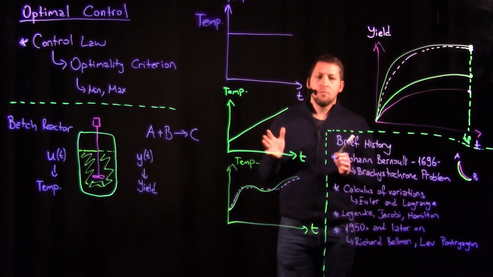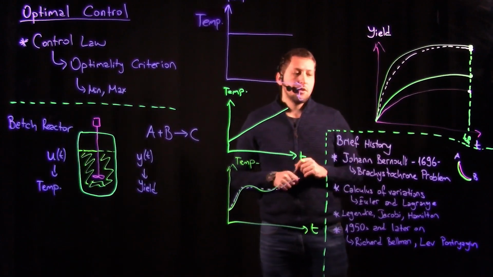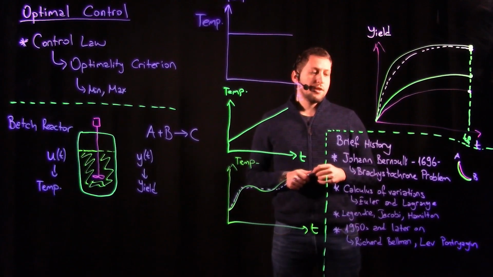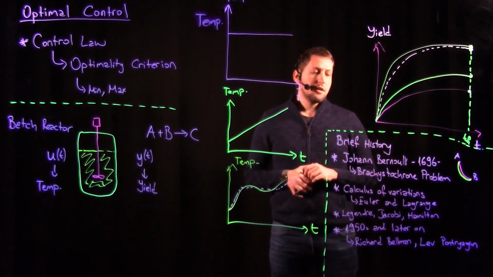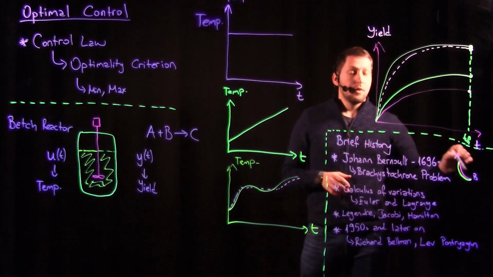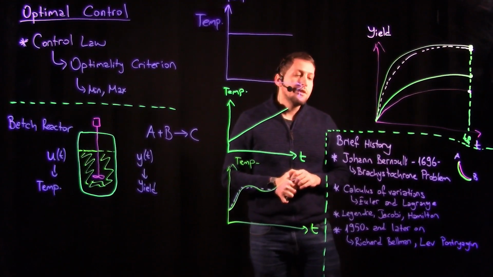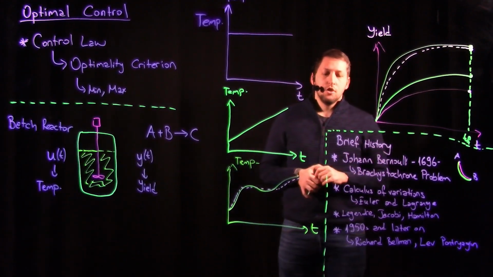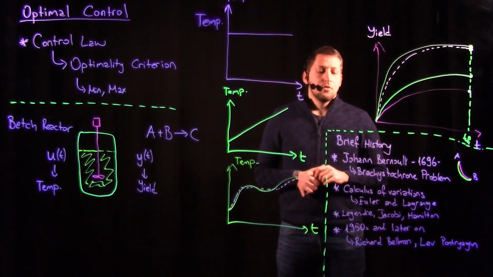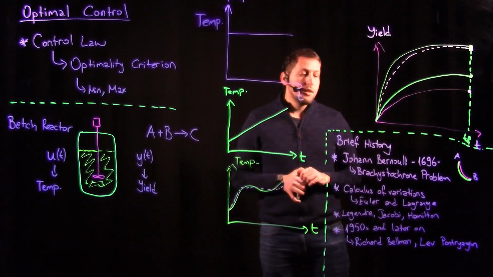This optimal control problem basically first started with Johann Bernoulli's announcement to the science community, where he proposed a problem named the brachistochrone problem, to find the optimal route from a point A to a point B in a planar environment. This basically set the initial grounds, and then calculus of variations played a significant role here. So the contributors at that level can be named as Euler and Lagrange.